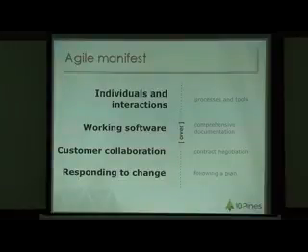Okay, so the idea is, like it says, to focus on individuals and interactions over processes and tools, working software, customer collaboration, and responding to change. Those are the main things to focus on. So based on that, I'm going to try to show you how to align working in Smalltalk with that.